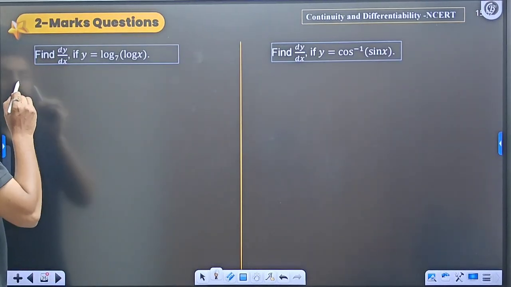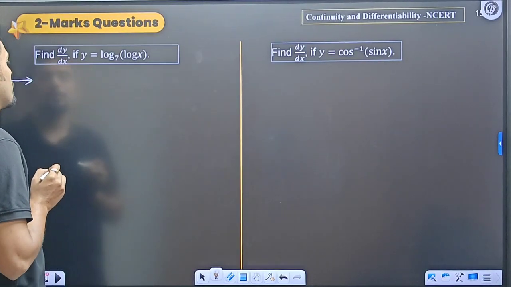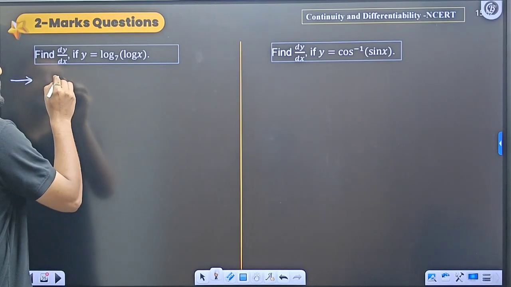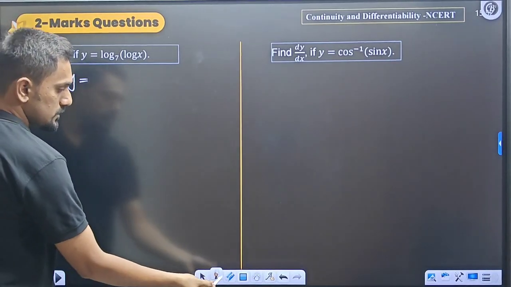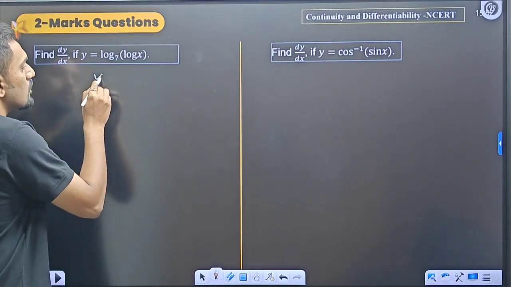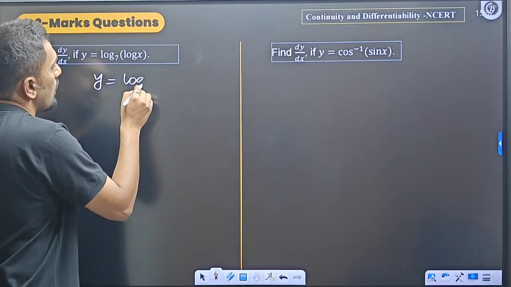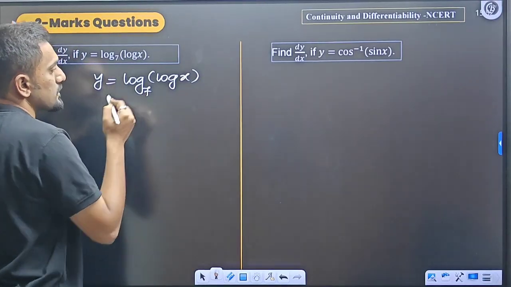Then coming to one more gunshot question which is of 2 marks. Here in this question he has given that y is equal to log of log x to the base 7.